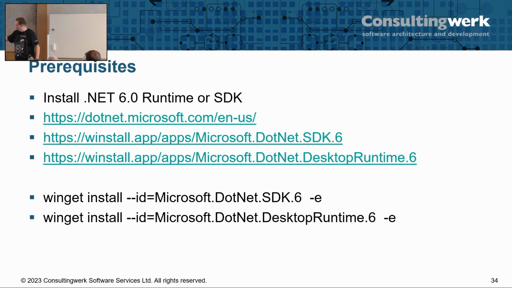There's a Windows package manager, which I also just recently learned about: winget install --id Microsoft.DotNet.SDK.6 or Microsoft.DotNet.DesktopRuntime.6. That's how you install the .NET runtime. So that's a prerequisite to using .NET Core, .NET 6.